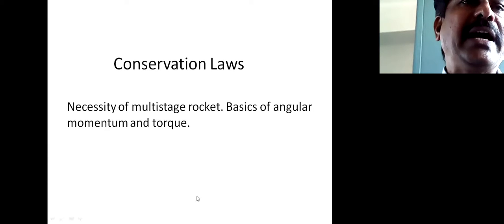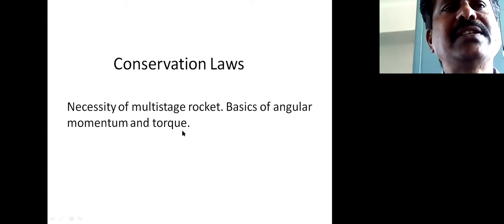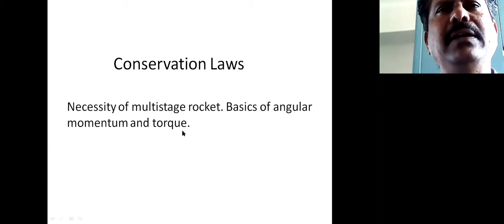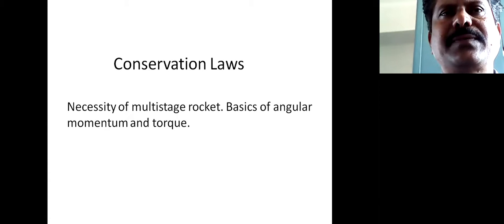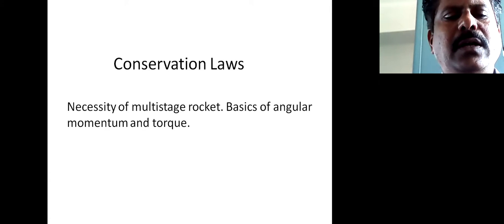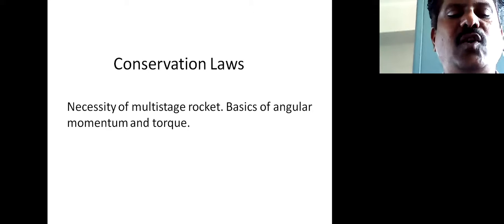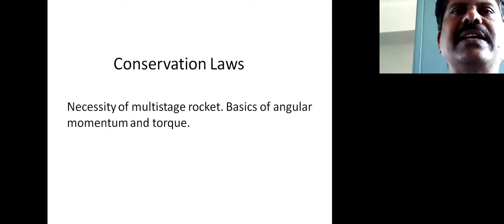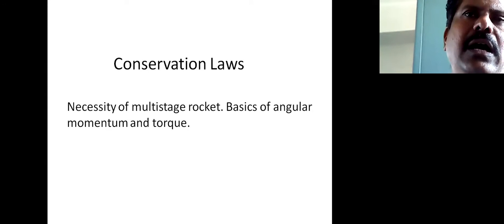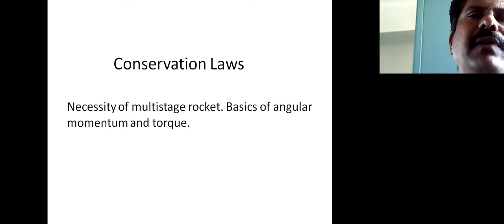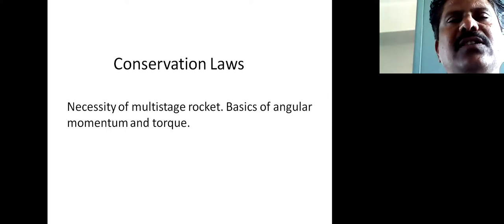Now, what is the necessity of multi-stage rockets? If the rocket has a single engine, we call it a single stage rocket. Let's discuss what happens in a single stage rocket and the use of having two-stage and three-stage rockets.